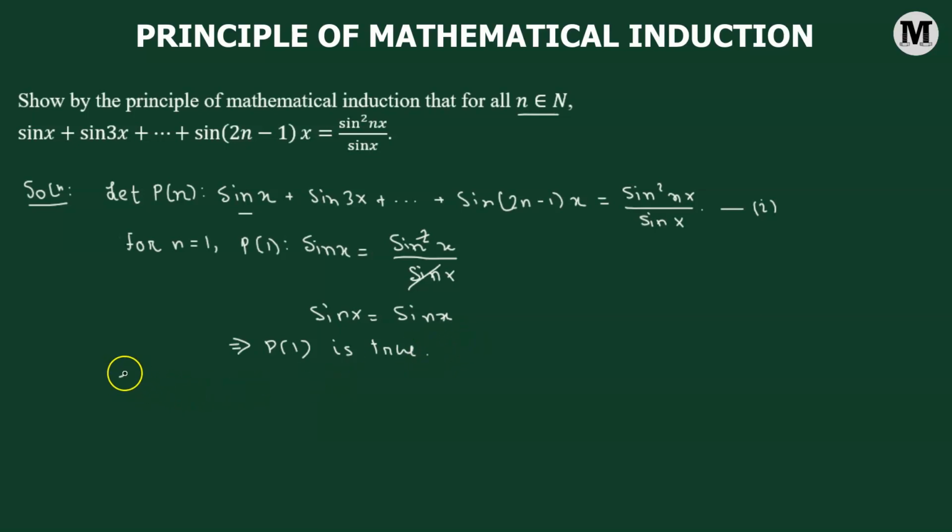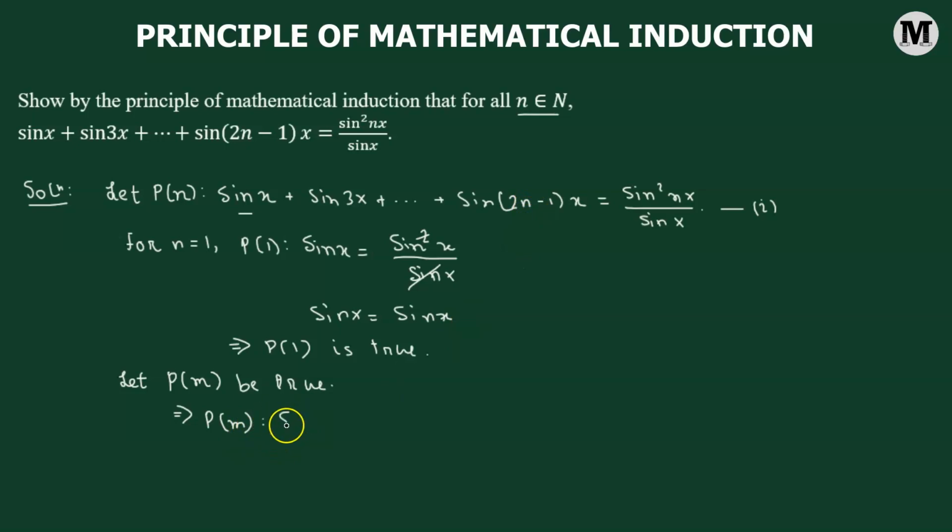So here we will make an assumption. Let P of m be true. Now what is P of m? P of m is simply the same statement as denoted by P of n, the only difference being that n will be replaced with the letter m.